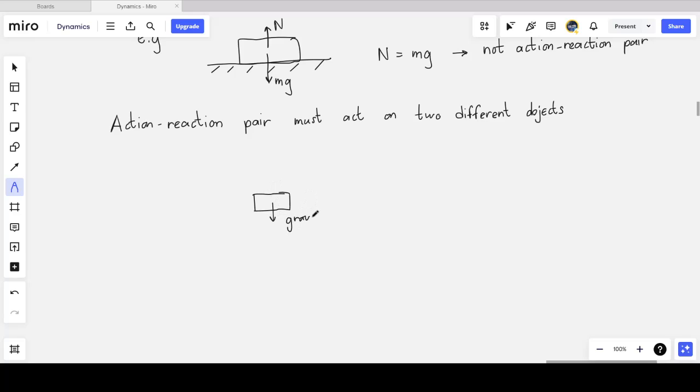This is the gravitational force, the weight of the box. The gravitational force that the earth exerts on the box, and we call this weight. So you have a weight because the earth is pulling you towards its center.